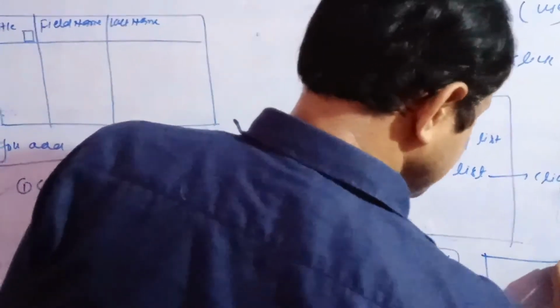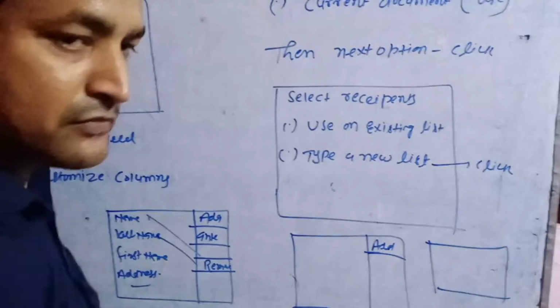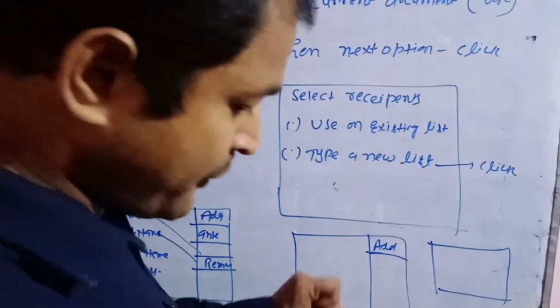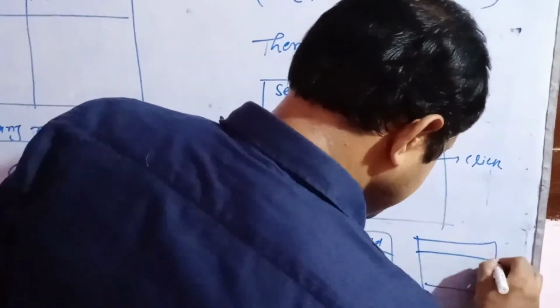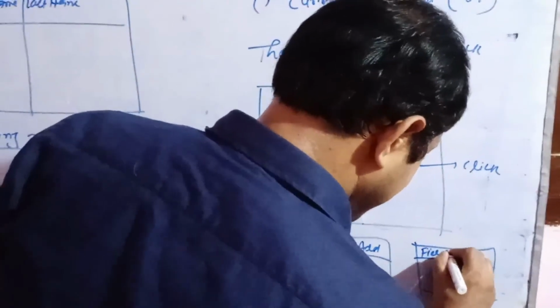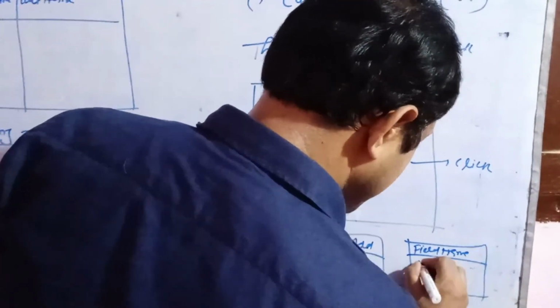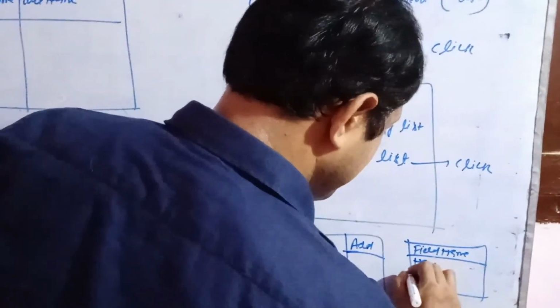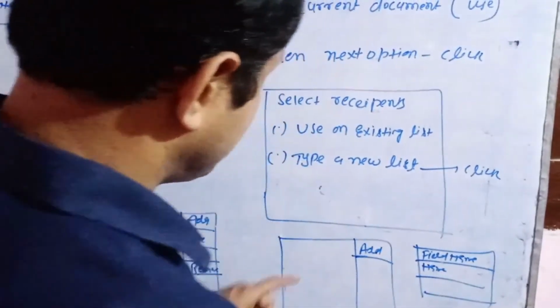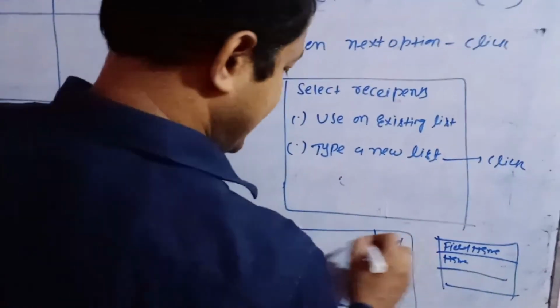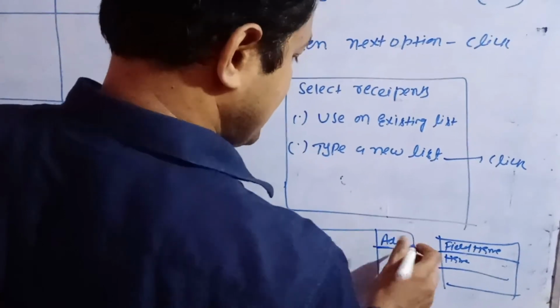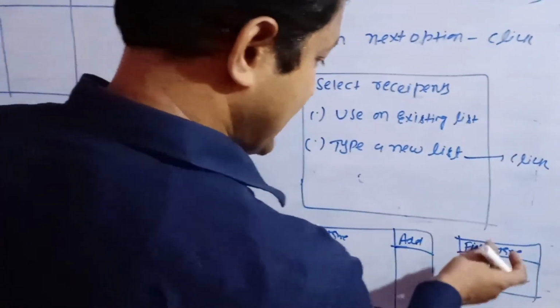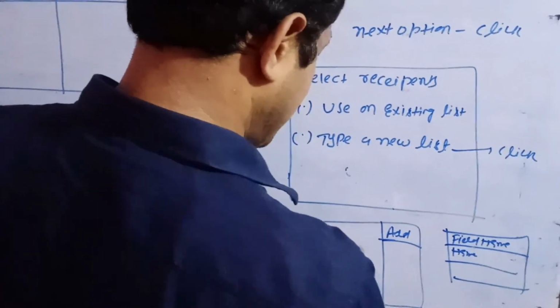One dialog box appears again in front of you, and this is the field name. It again asks for the field name. Suppose I add the field name, name, just add. Again it asks for the field name, address.